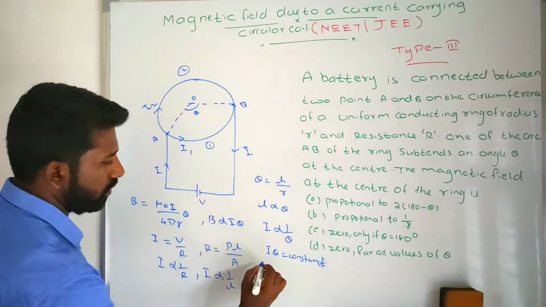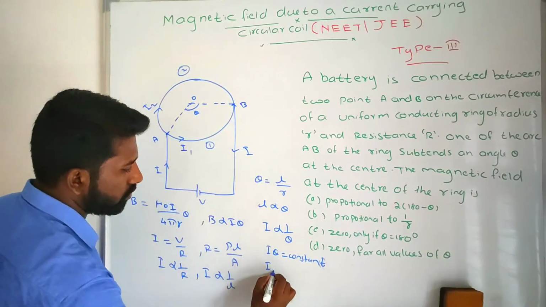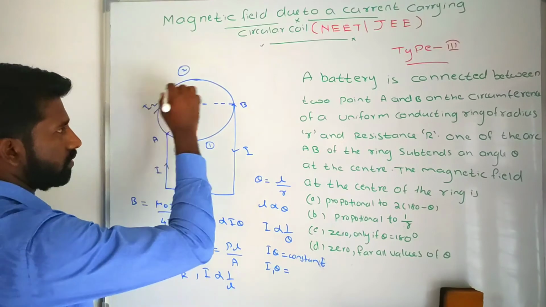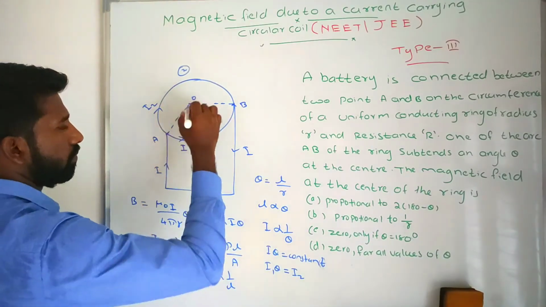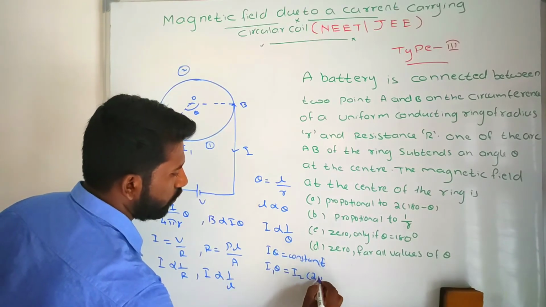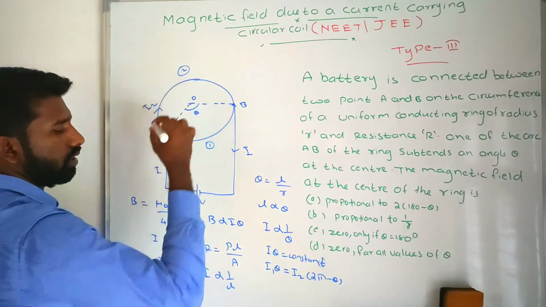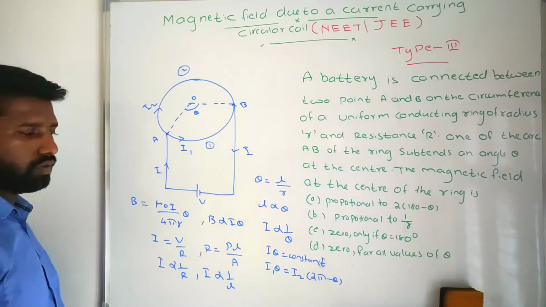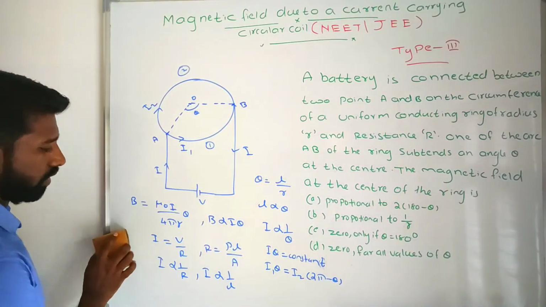That means if the current flowing through the first loop is I1 and the angle is theta, that is equal to the current through the second loop I2 into the angle made by the loop, 2 pi minus theta, because the total angle is 2 pi, in that theta is remaining. Okay, so this is constant. Please remember this. By using this we can find out the magnetic field.